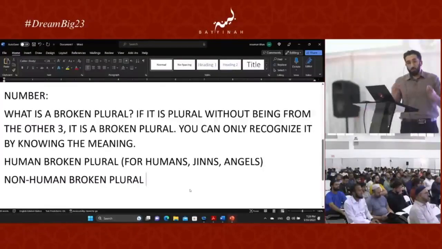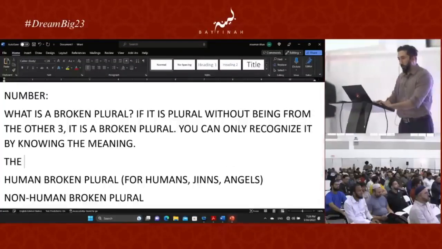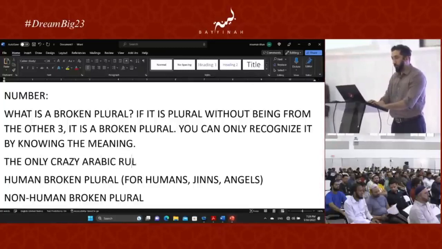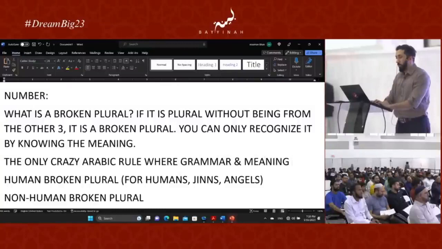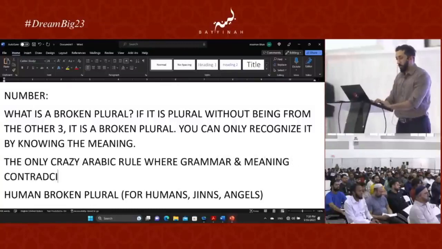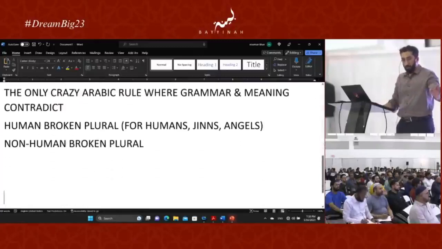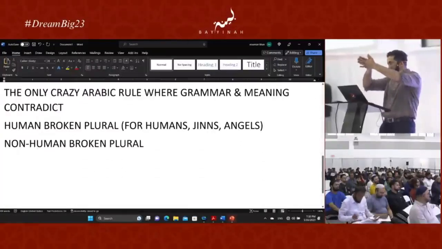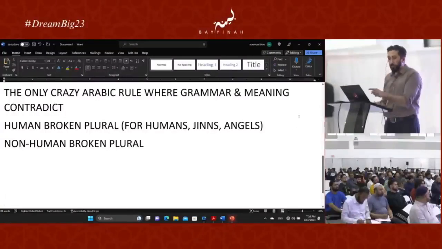Now, if you want to summarize what the Arabs do, so I'm going to put this here, the only crazy Arabic rule where grammar and meaning contradict. The grammar is saying one thing, the meaning is saying something else. Usually, grammar and meaning go together, but in some cases, grammar and meaning contradict. So this is the only crazy Arabic rule where grammar and meaning contradict.